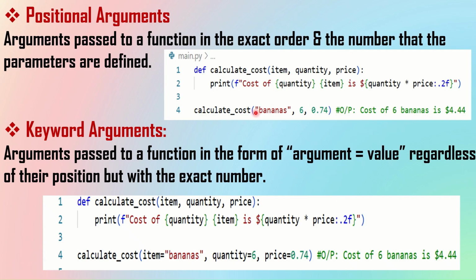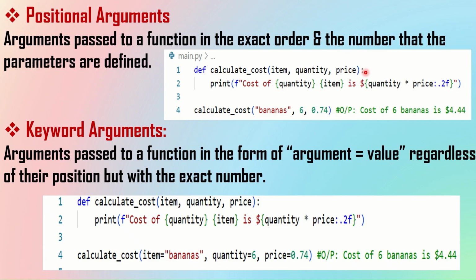Instead of passing the item first in this function call, if I pass the quantity, then in place of item, quantity will go. That is not correct, right? And in place of quantity, if I pass the second argument as bananas in this function call, then in place of quantity, bananas will go.